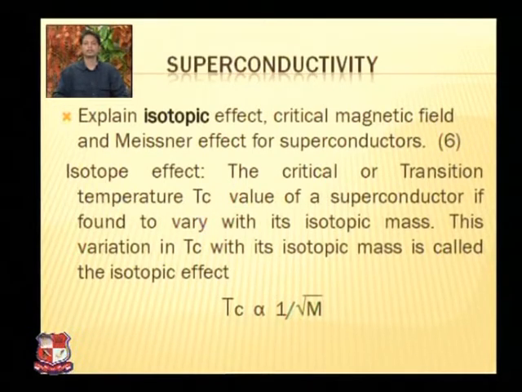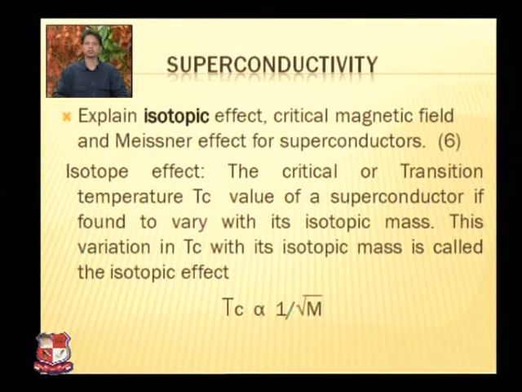Here the definition of isotope effect is given and the relation of isotope effect is given. In this equation, Tc represents the transition temperature or critical temperature of the superconductor, which is inversely proportional to the square root of m, where m represents the isotopic mass.